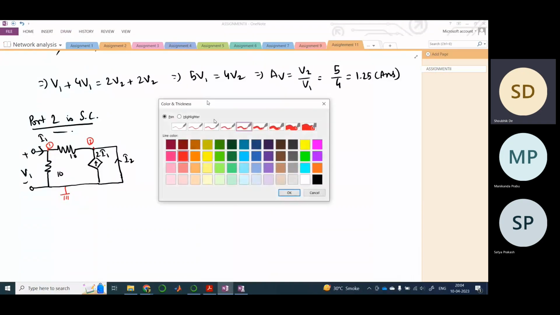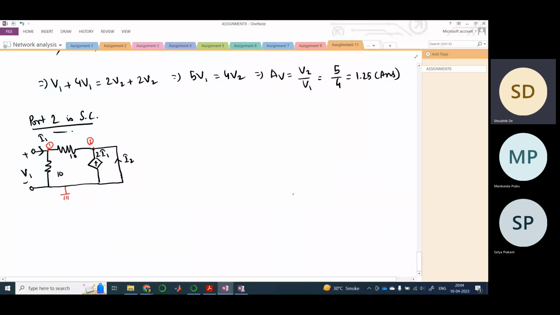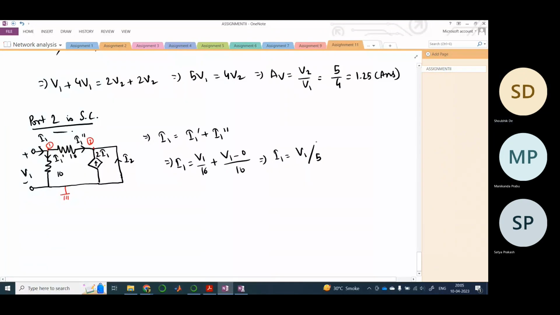Now let us solve the problem. Let us say that I1 gets divided into two parts: I1 equals I1 dash plus I1 double dash. Therefore I1 is V1 by 10 plus V1 minus 0 by 10, because this is 0. Therefore I1 is V1 by 5.